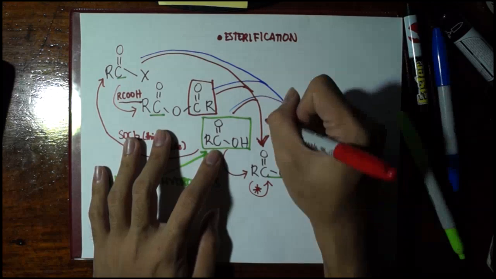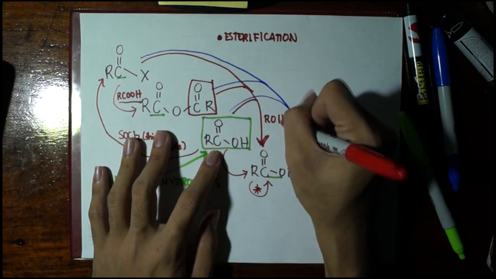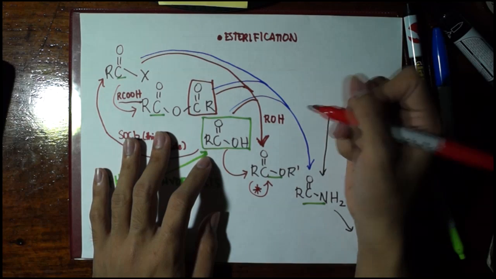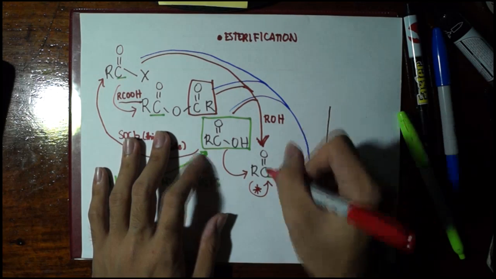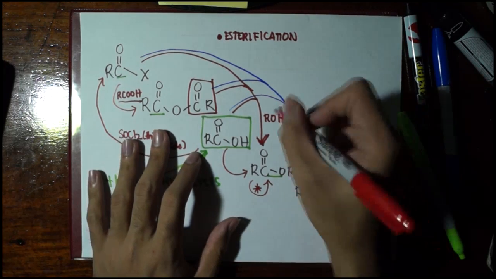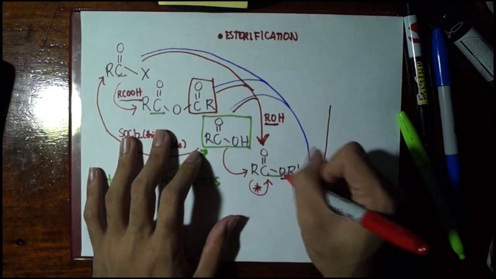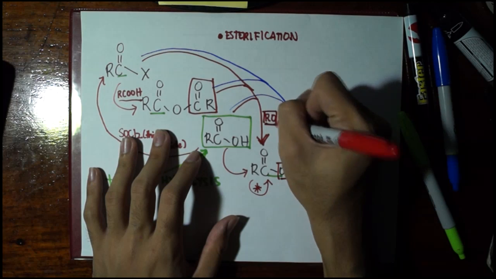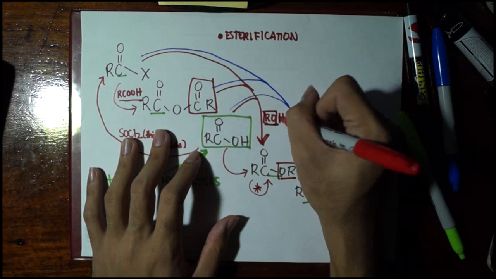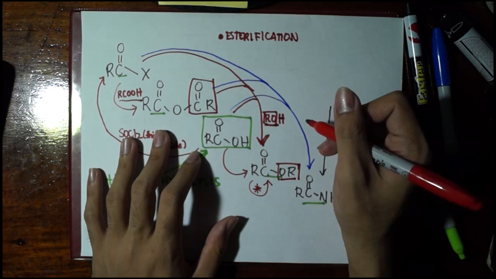Then all you have to do is add ROH, an alcohol. And where will the ROH manifest in the ester? Actually, the RO here is the OR here, and the H is going to go somewhere else.